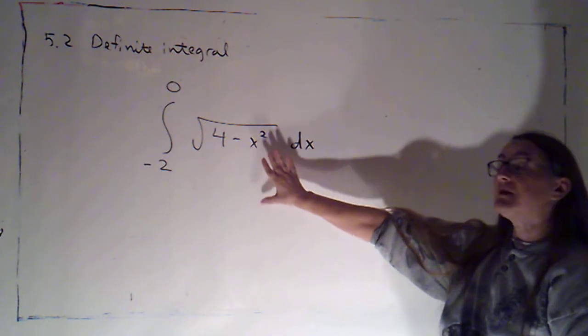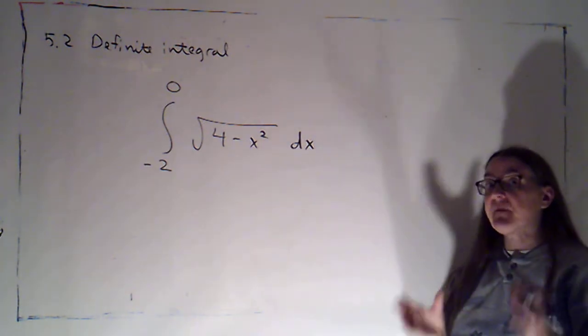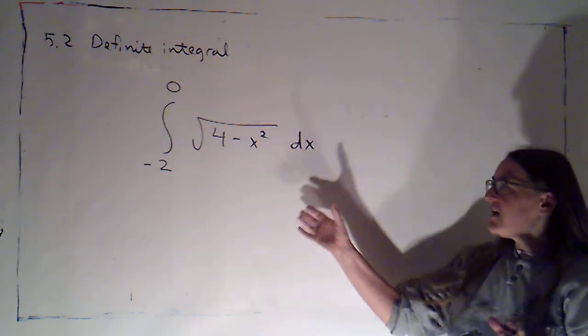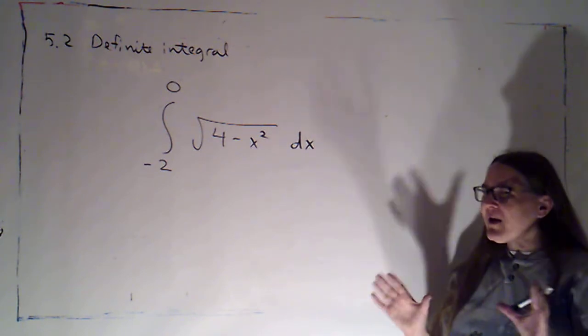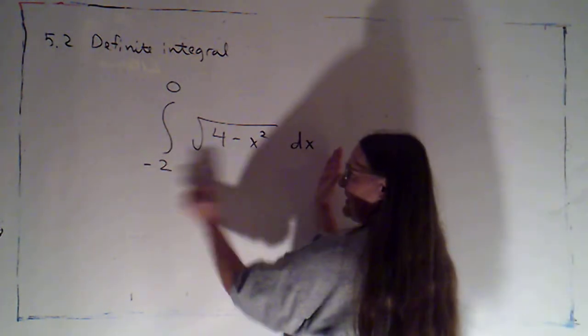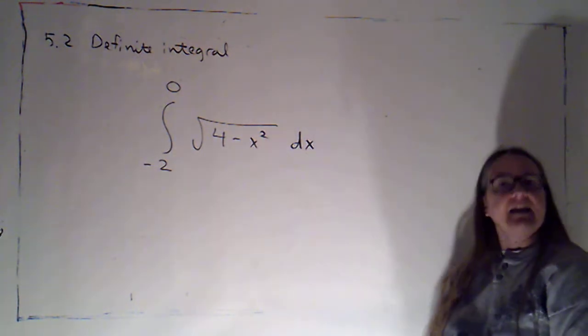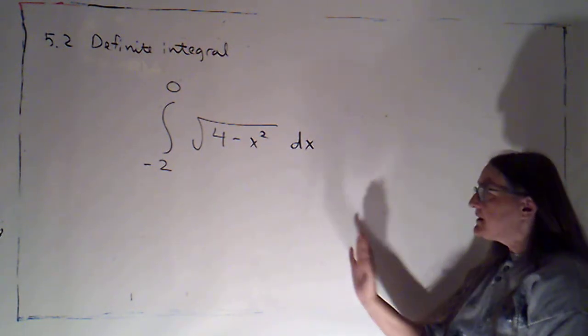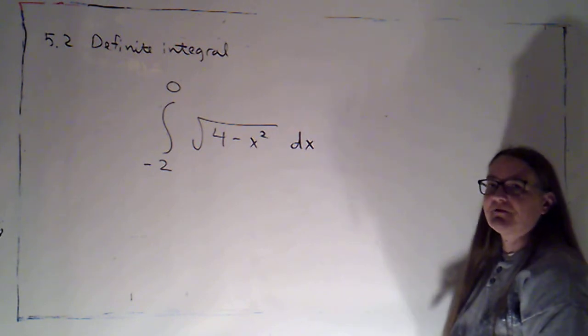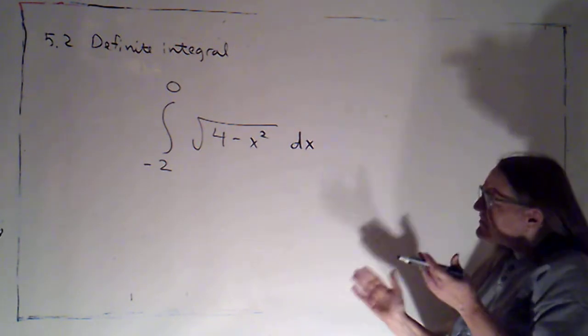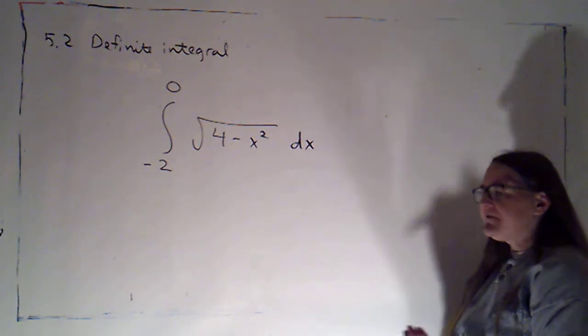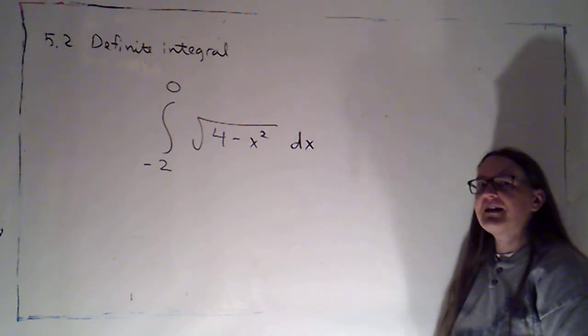But I'm going to tell you, this gives me a nice geometric shape, so I can calculate this without knowing any calculus other than that this is defined to mean the signed area between this curve and the x-axis. I can get this just using formulas from geometry. So think about that a little bit, see if you can figure it out. We'll work through it together in the next video.